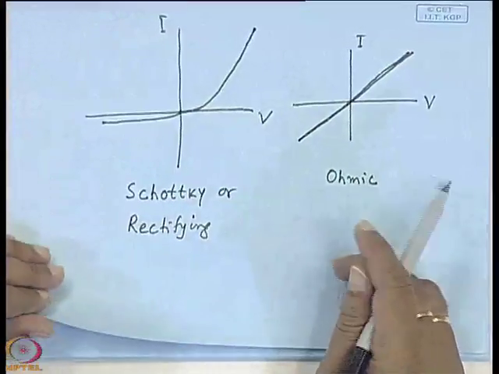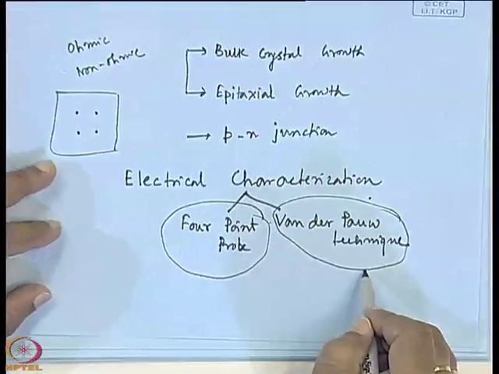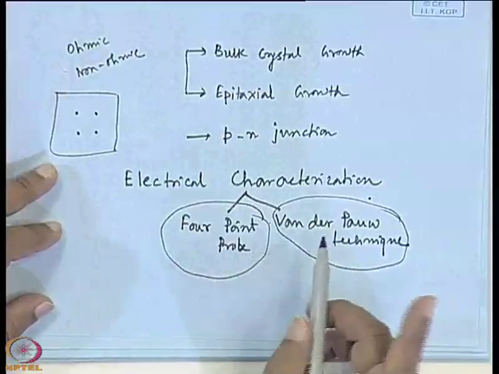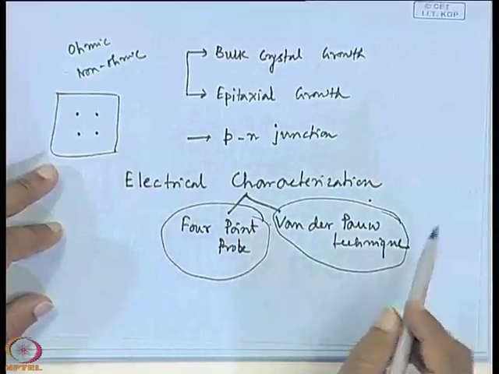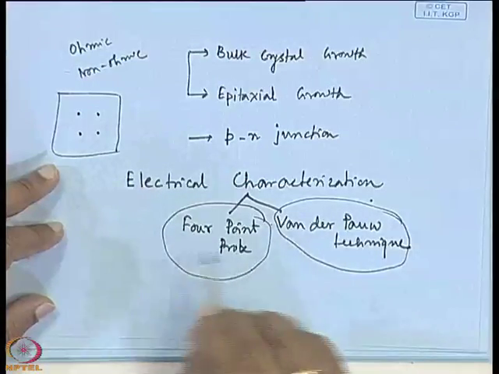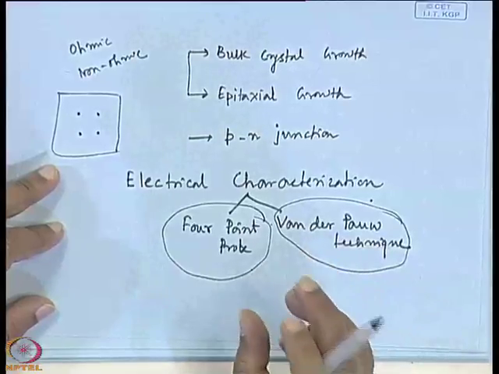Okay. So, for this Van der Pauw technique you need ohmic contact. For 4-point probe you need not make any ohmic contact. So, that is a very important thing. Another important aspect of these two techniques is that, as we shall discuss, for 4-point probe your sample must be regular in shape.